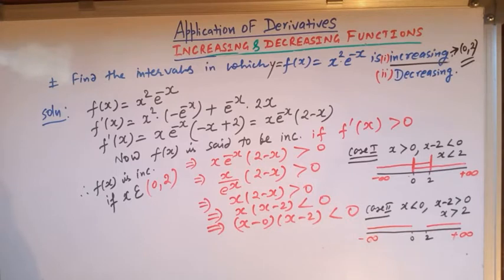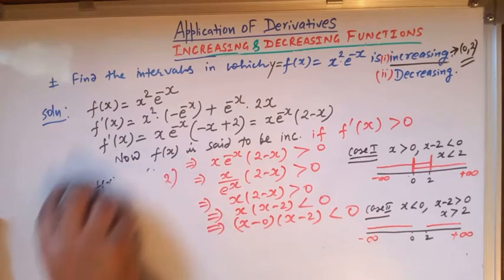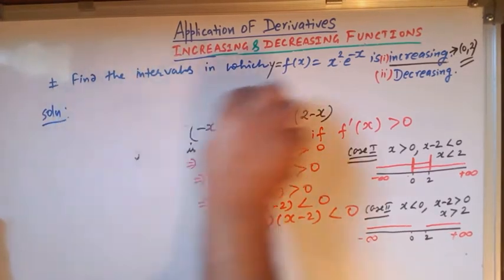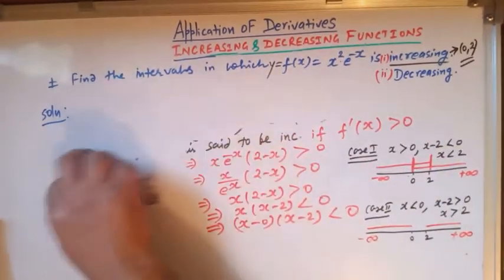Now let us find the intervals in which this function is decreasing. So for decreasing we have the derivative less than 0.